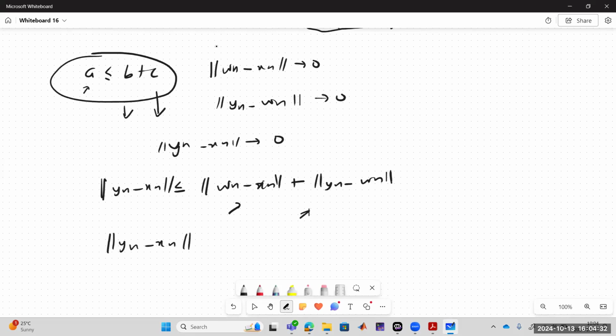Yn minus Xn will also go to 0. So this is supposed to be 4.4. Now, the proof is part of the hypothesis. This is the hypothesis. Now, there is a proof that this goes to 0, and this goes to 0, so you can conclude that this also goes to 0. So it's clear, right? Yes, very clear.